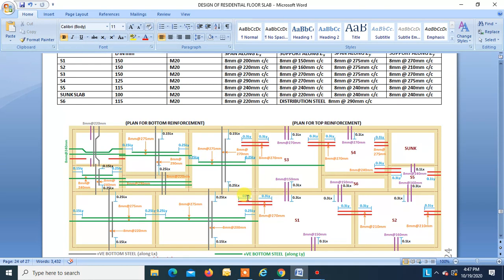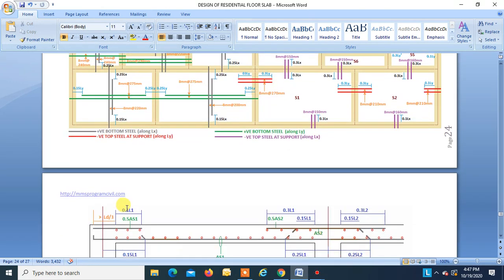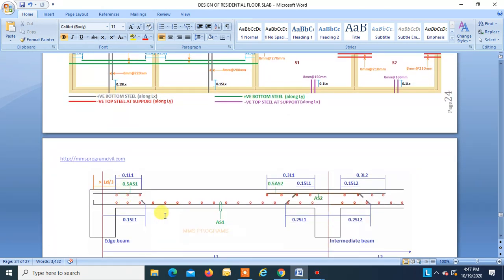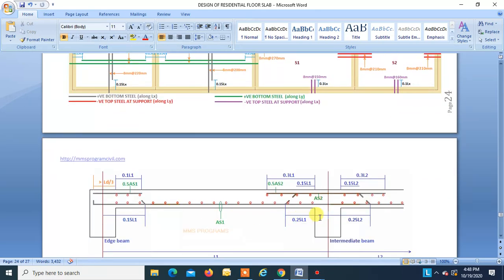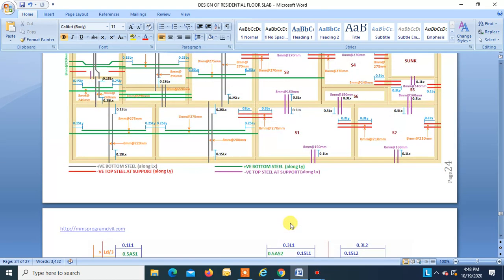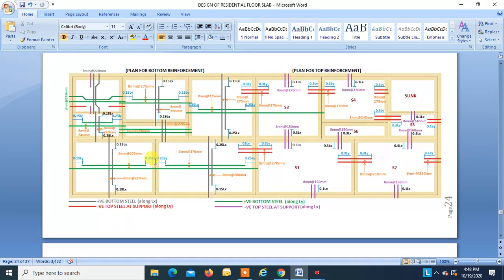Now this is the standard detailing given in SP 34. For positive steel, you can curtail the bar at 0.15 L, and here it is 0.25 L. So this is 0.15 Lx and 0.25 Lx.